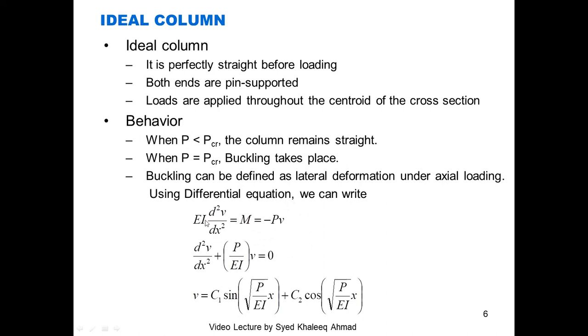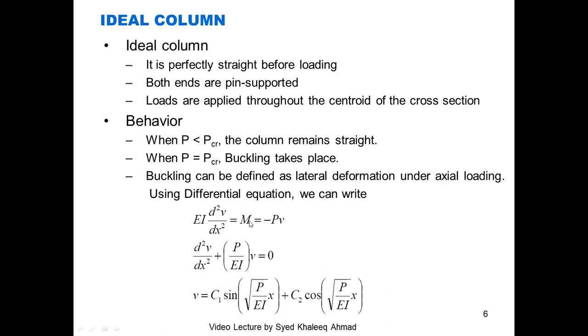The same equation will be used, where we have EI d2v/dx2 = M. v is the transverse deflection, which is perpendicular to the axis of the column, and M is the moment. Now when we rearrange these terms, we can say d2v/dx2 + (P/EI)v = 0. So this is written in this form.